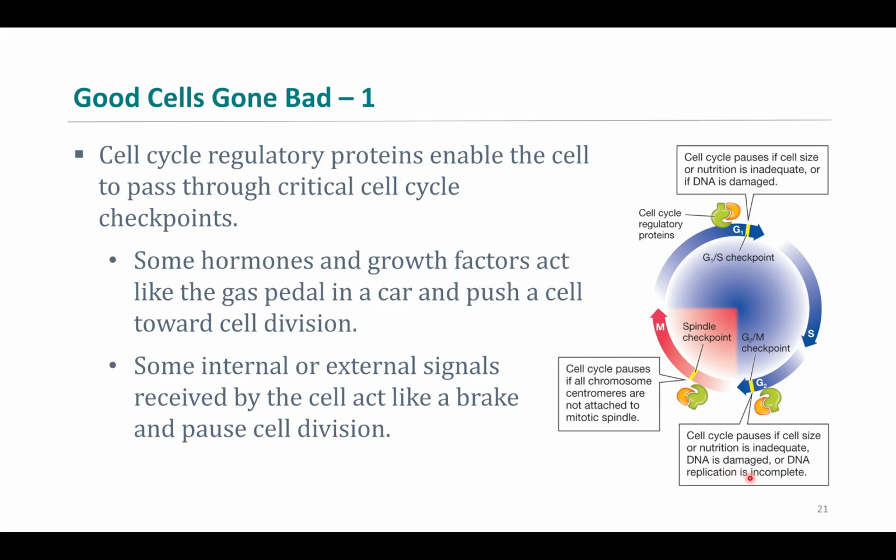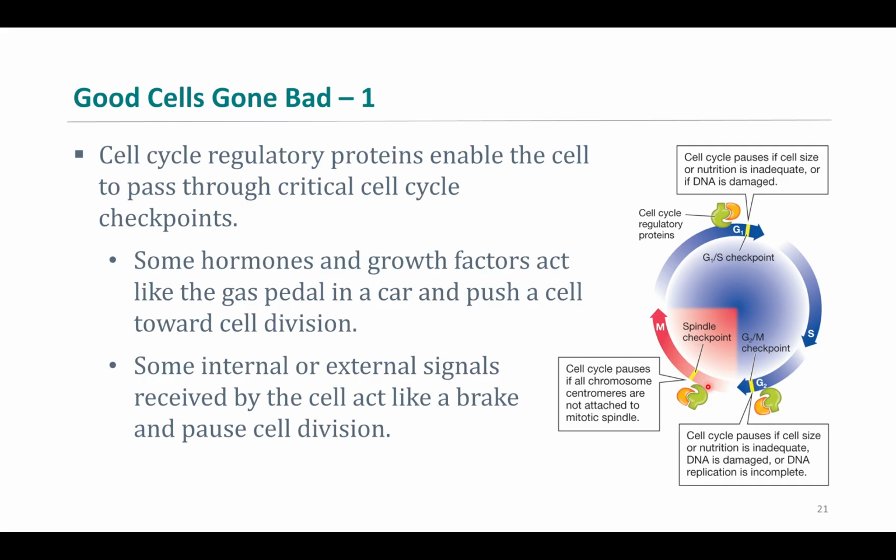If the cell finds out that DNA is damaged or DNA replication is incomplete, then what happens? The cell will stop the cell cycle, and then it will correct that mistake before it moves on to the next step in the cell cycle.